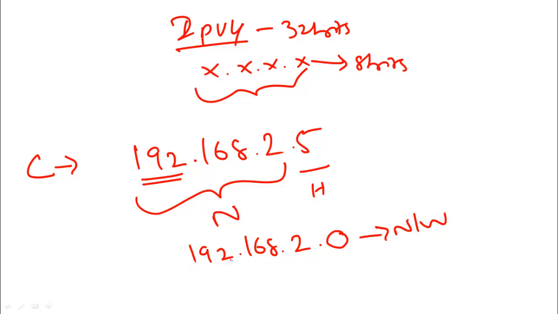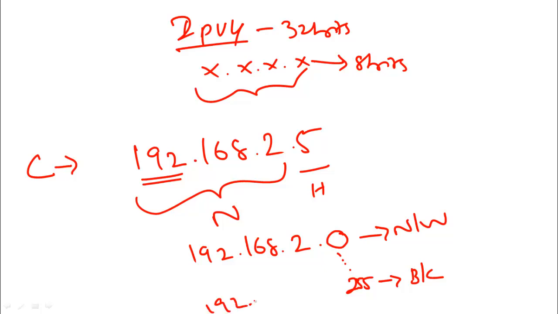For this network, what will be the broadcast address? Obviously, the last IP address is going to be the broadcast address. What will be the last IP address? We have 192.168.2 as the network part, and the only changing value in this address is the last octet. The last value can range from 0 till 255. So 255 will be the broadcast address.